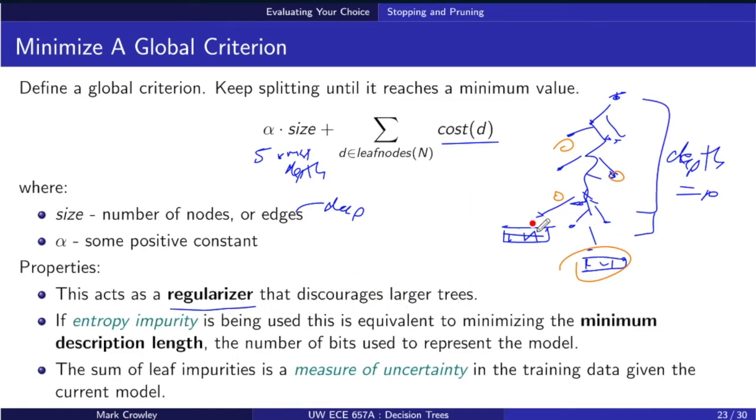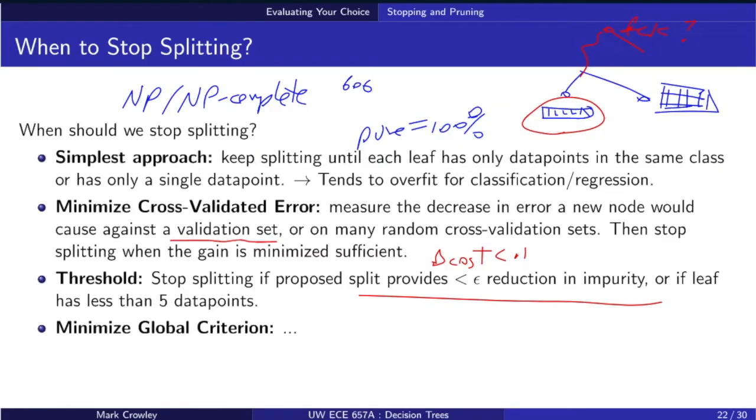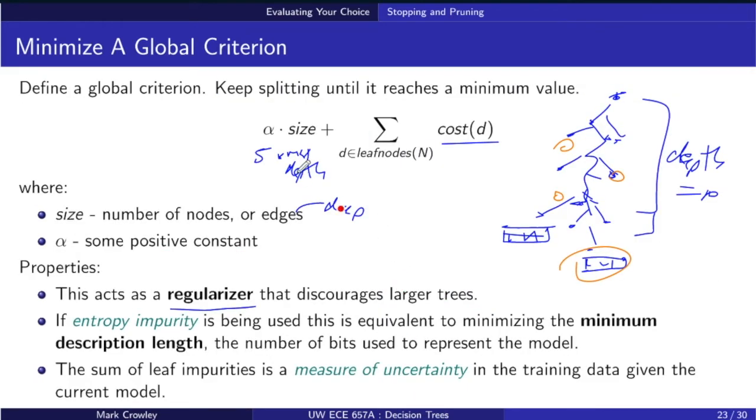So a regularizer is anything that helps us reduce overfitting, right? And this penalty will help us do that, because remember, as the tree gets bigger, the cost will go up, right? And we've been trying to minimize the cost. So we would stop, right? So like we had before, if we're using this rule to stop when the cost is below a certain level for a split, then this would make that harder, right?